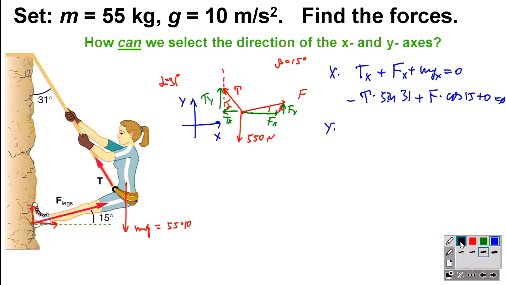Now, the second equation, the y component: tension times cosine 31 plus whatever contact force times sine 15 minus 550 equals 0.